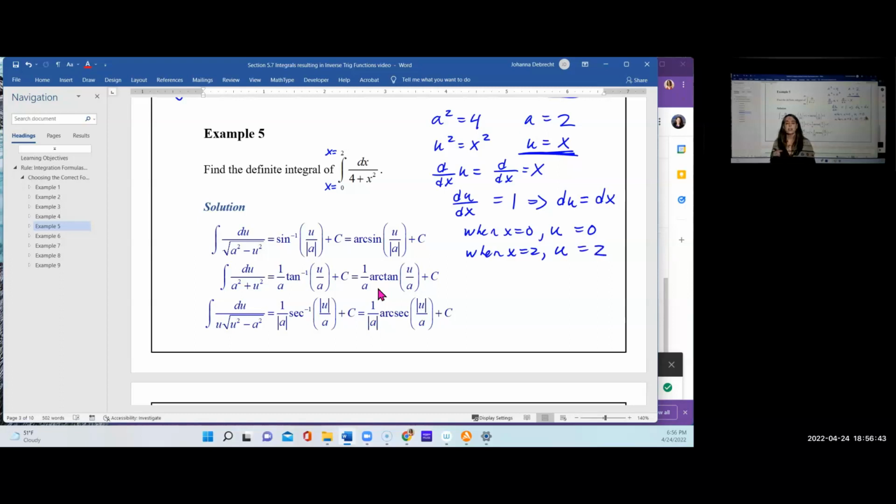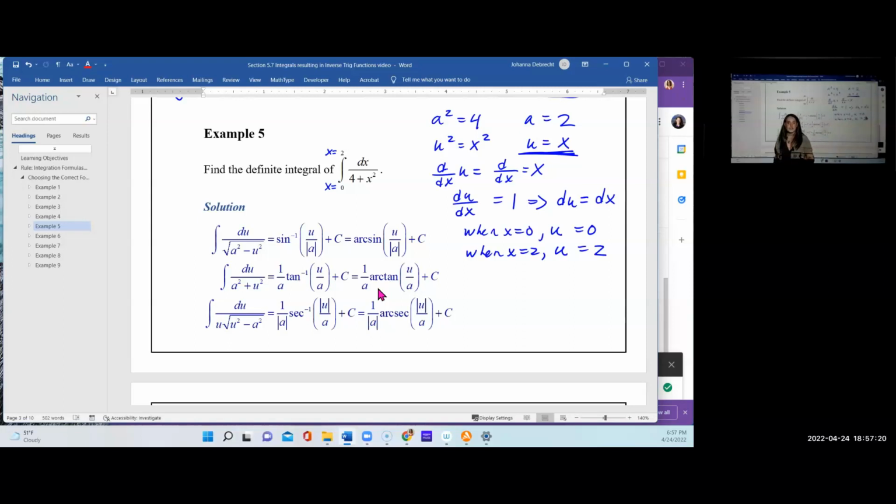So we find that in this case, because u is equal to x in the relating equation, the limits of integration actually don't change. Because u and x are equal, their limits of integration are also equal. This does not usually happen. Usually, u is an expression involving x, but not just x, which would mean that the limits of integration would change from their x representation to their u representation.